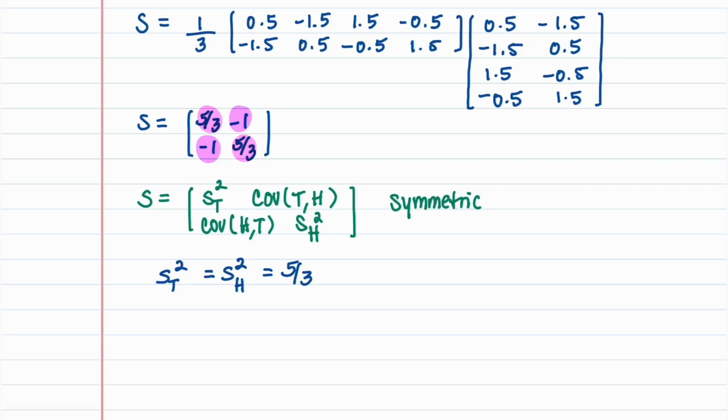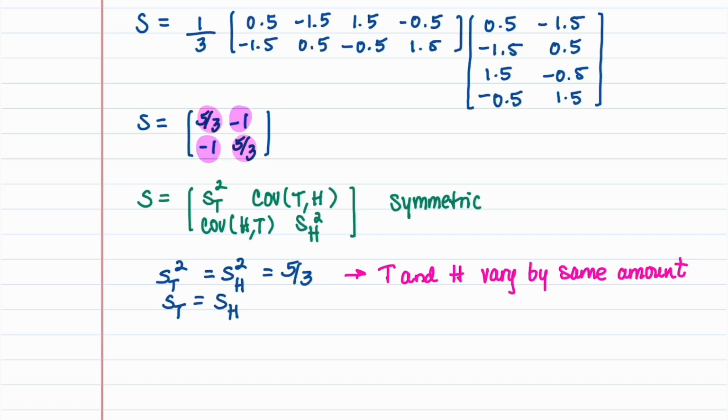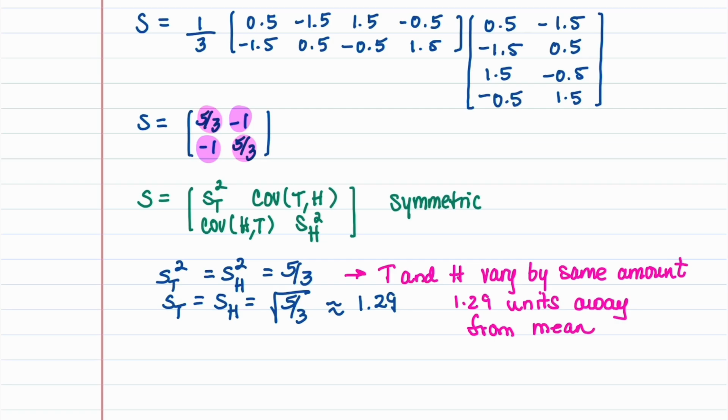Because these numbers are the same, this tells us that t and h vary by the same amount. If we take the square root, we can see that S sub t is equal to S sub h, and it is the square root of 5/3, which is approximately 1.29. This tells us that t and h values lie about 1.29 units away from the mean, which is at the origin.